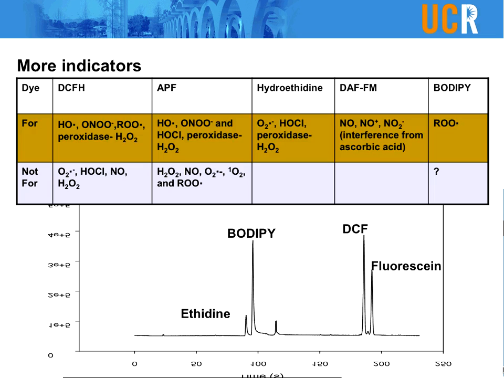And we can also mix more dyes and test in our system. We could include hydroethidine, the oxidation of which could generate this acetylene anion, so that we could separate the acetylene product, the DCF, and the fluorescein, which is the product from APF.